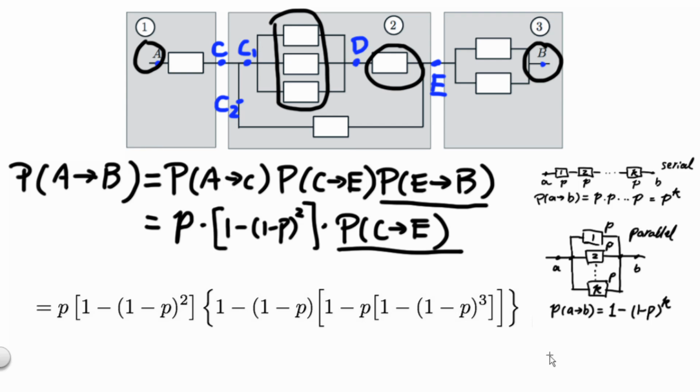Now, in summary, in this problem, we learned how to use the independence property among different components to break down the entire fairly complex network into simple modular components, and to use the laws of serial and parallel connections to put the probabilities back together in computing the overall success probability of finding a path from A to B.